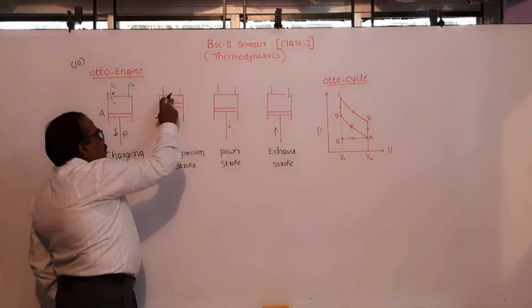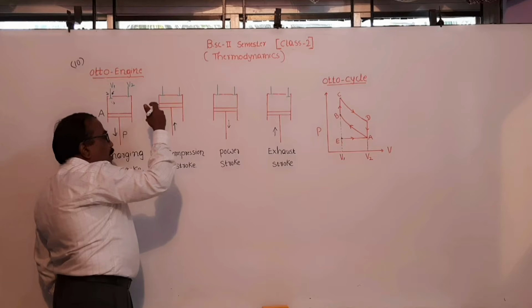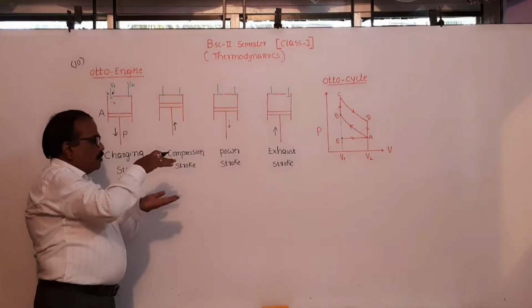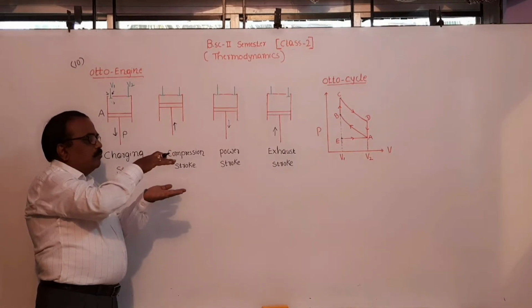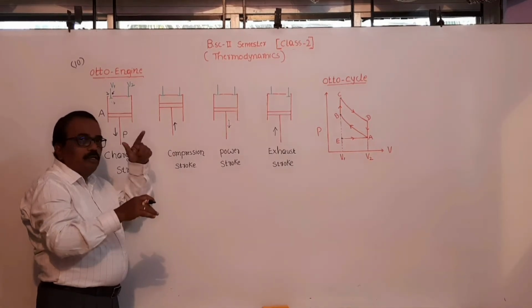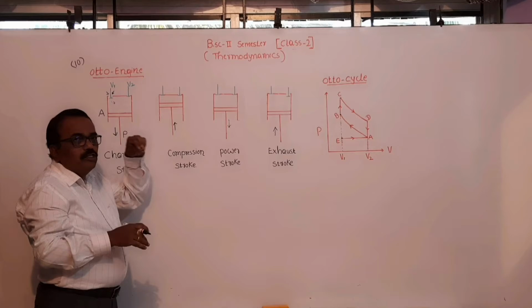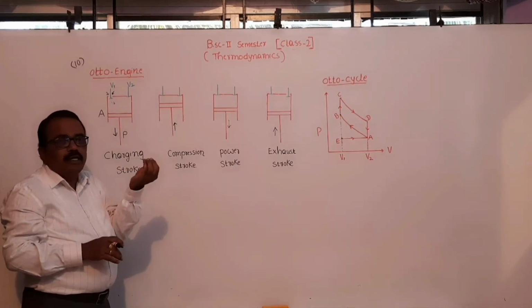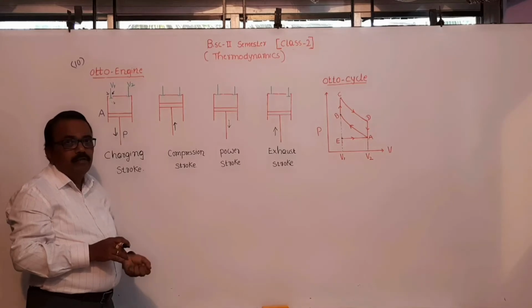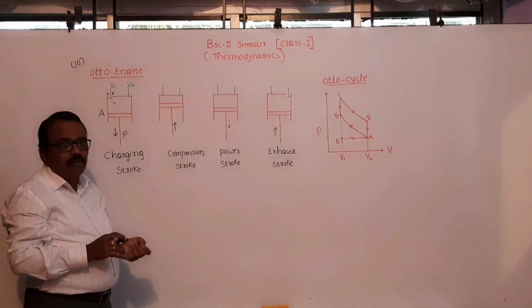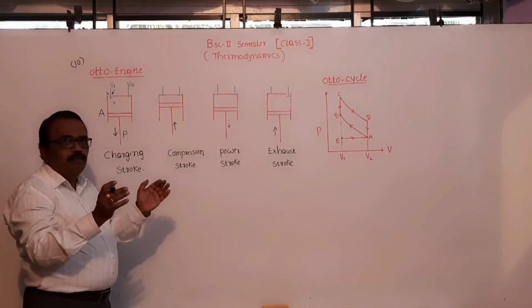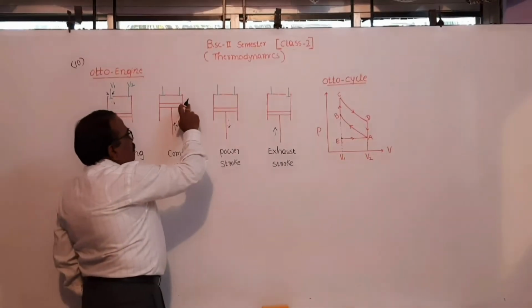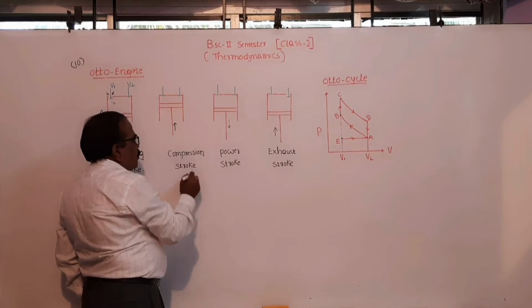When the spark is produced, due to high temperature, because when it is compressed, pressure increases, volume decreases, temperature increases. At a certain stage the spark is produced, then this product starts igniting. Ignition is produced, meaning the product of combustion starts igniting. Then this stroke is called the compression stroke.